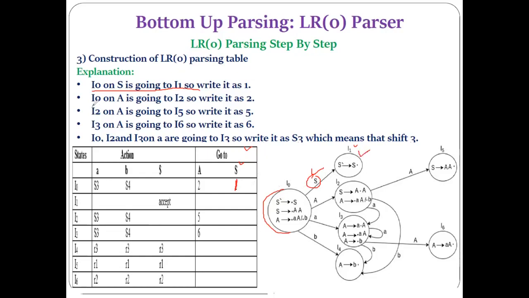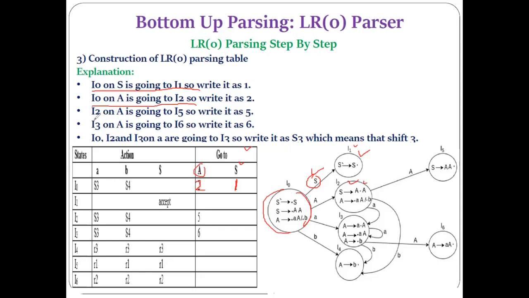Then I0 on A is going to the I2. That is the reason under the non-terminal A, you have to make the entry of state number 2, because I0 on A is going to the state number 2.